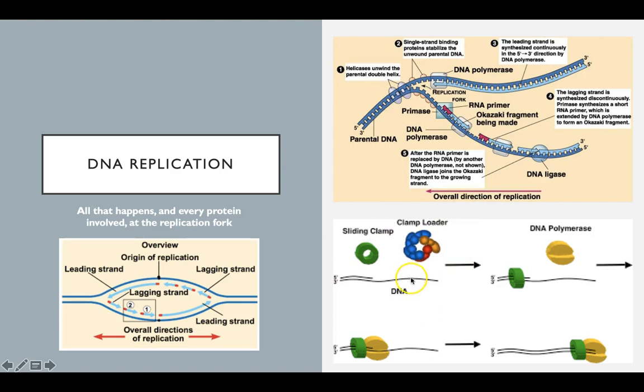This sliding clamp protein will add to the clamp loader, and this clamp loader will be able to open up this sliding clamp so it holds on to DNA, and then it will hold on to and interact with DNA polymerase, and it does not allow DNA polymerase to float away, so that it can continuously add new bases to the DNA.